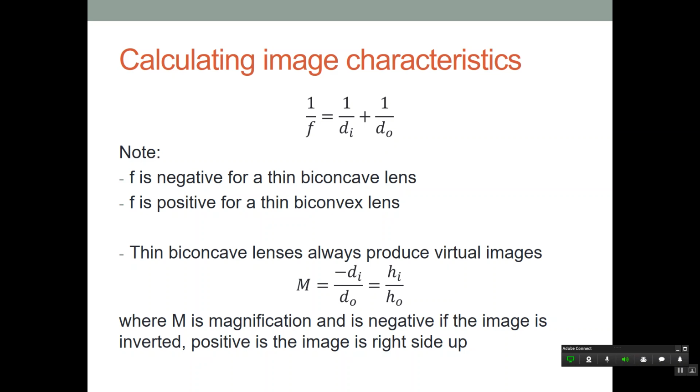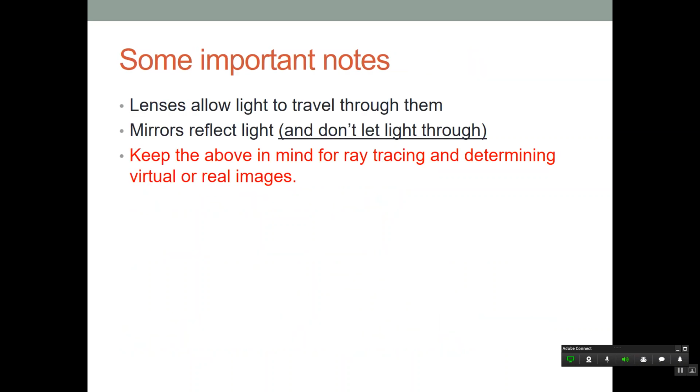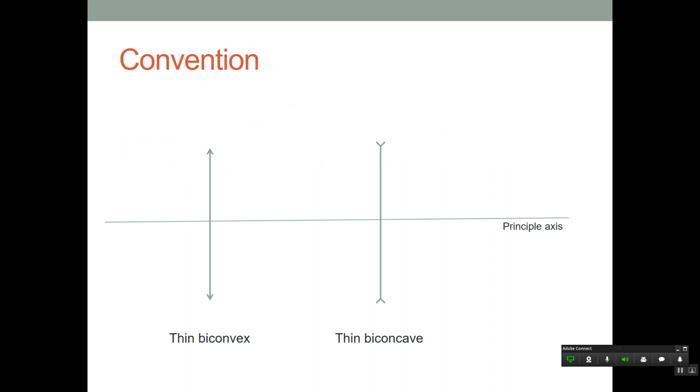This is what I was just saying. Lenses allow light to travel through them. Mirrors reflect light, therefore don't allow light to go through. All right, it's like really fundamental here. I have some convention to show you guys, just because they don't always show lenses like I did here. So this is going to be a biconvex lens, and the way I remember it is like this.